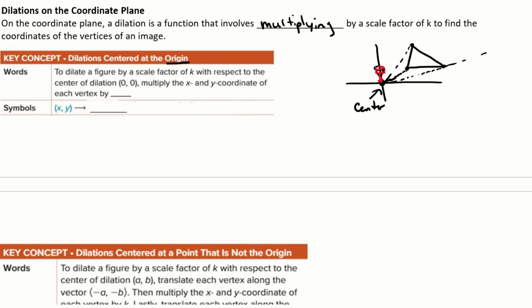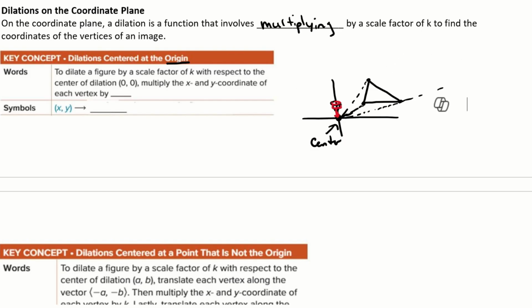So if I were to increase this, let me show you this picture. This concept is pretty important to understand. So let me make some more room here. Let's say I wanted to increase it by 2 times. So let's say I have a scale factor of 2. Well, then what I'm going to do is stretch the string by 2 times bigger.